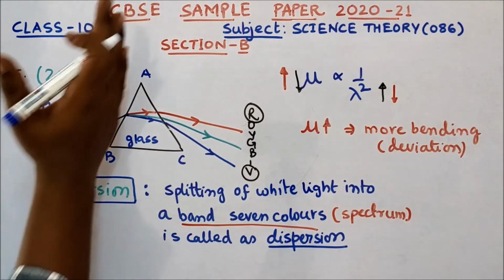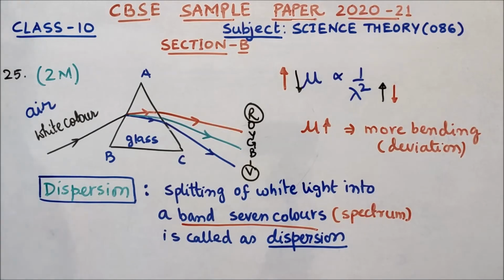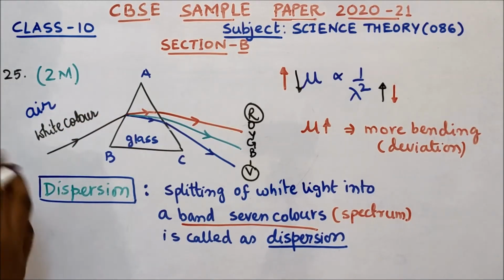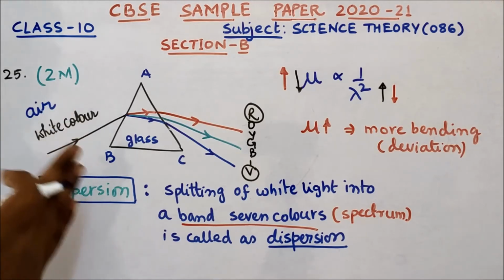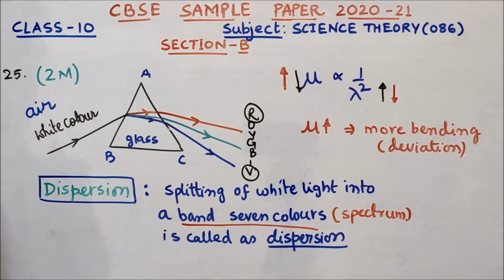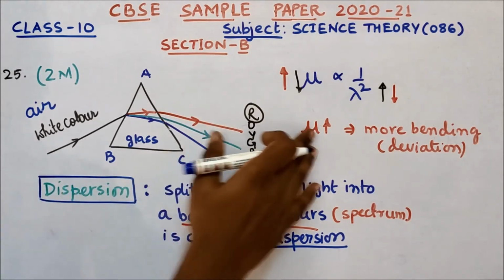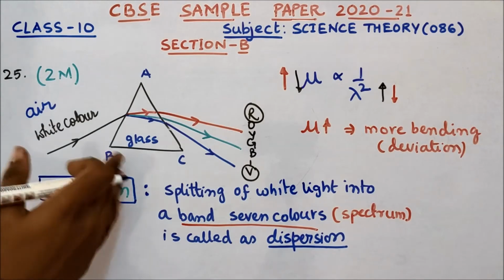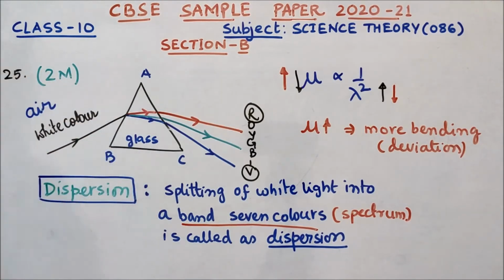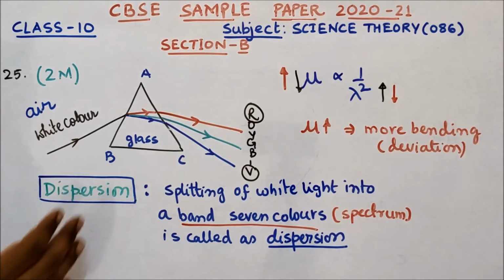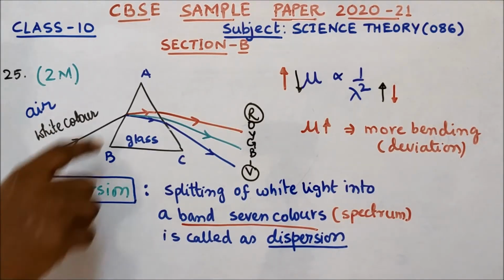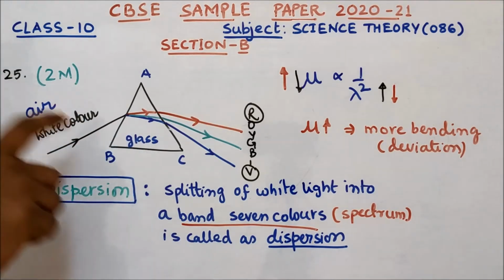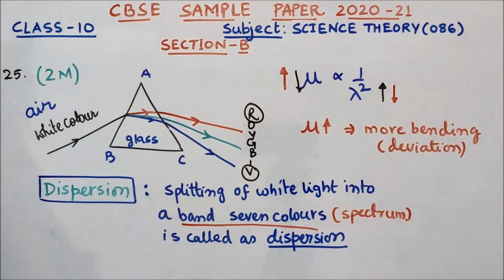At the boundary of air and glass, refraction takes place, so light deviates from its straight path. How much it deviates depends upon the refractive index of the medium with respect to its surrounding, here the refractive index of glass with respect to air. If the refractive index is more, the bending of light or the deviation will be more.